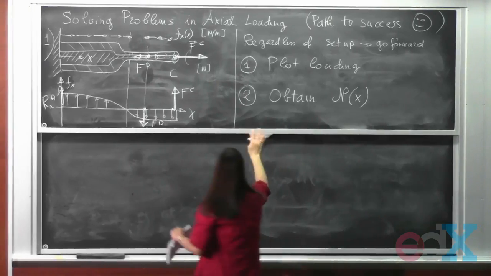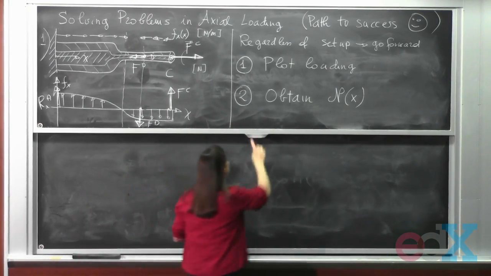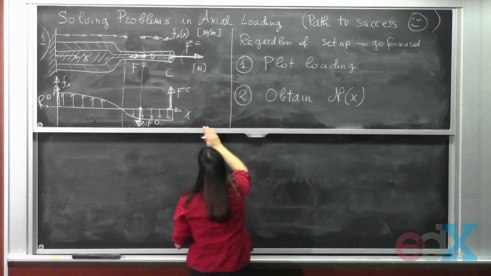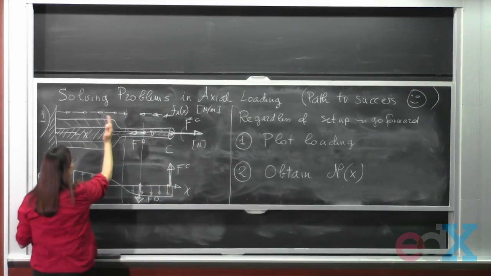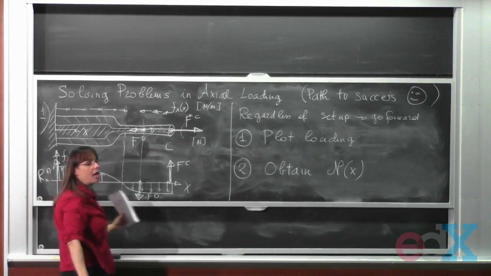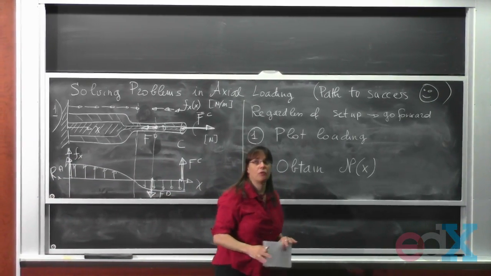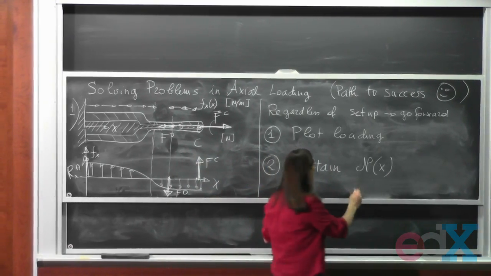Okay. So the next thing you obtain is N of x. So how do we obtain N of x? We did this last time, but essentially to obtain N of x, you need to cut your structure at different positions in the bar and obtain it by imposing equilibrium. You do the free body diagram and you impose equilibrium. So for something like this, it would be pretty involved, right? Because the loading is complex.